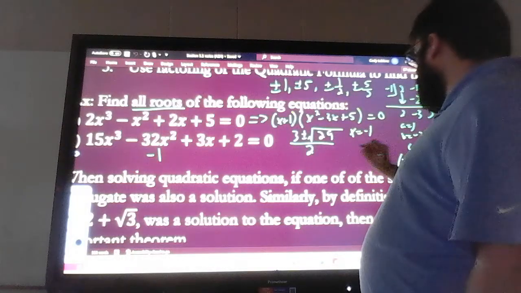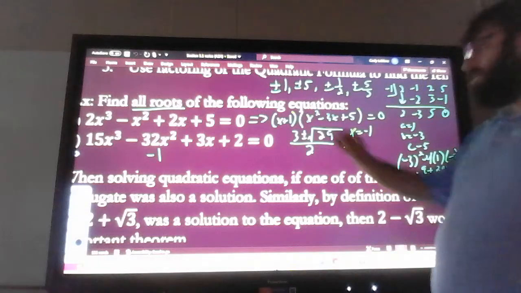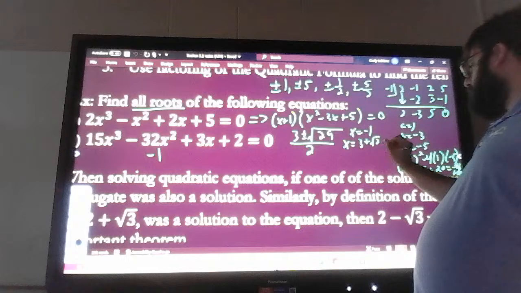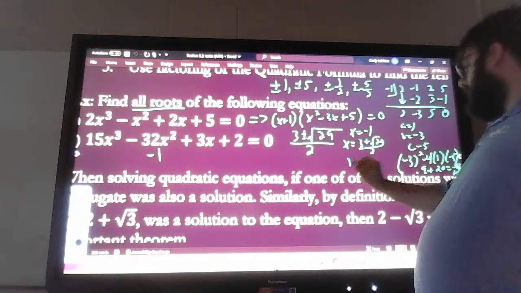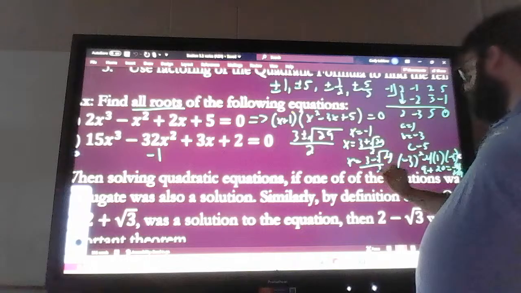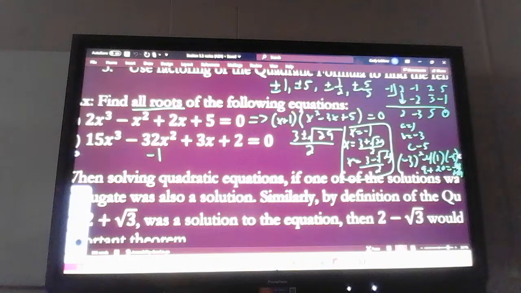X equals -1. And then if you want to, again, just like before, you can keep it like this, or you can separate it. x equals 3 plus square root of 29 over 2, and then x equals 3 minus square root of 29 over 2. Those are my roots for that problem.